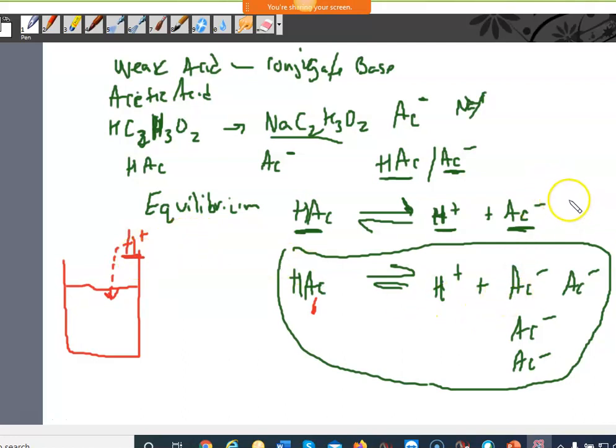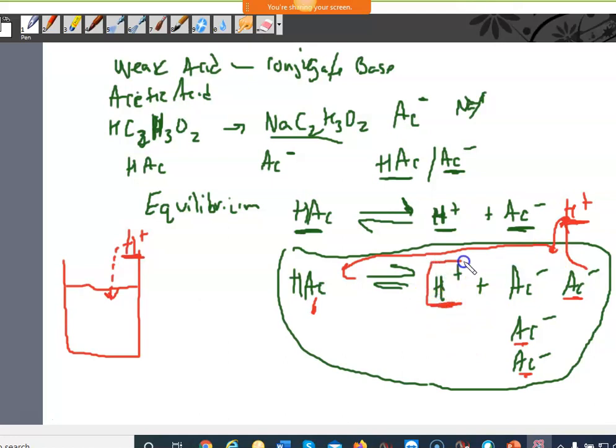Well, what's happening is as soon as I'm adding the H plus ions, these extra acetates I have around grab that H plus ion and form it into the HAC. It drives the equilibrium all towards the HAC, and it removes any extra H plus ions I've added in there. So I don't change how much H plus I have.